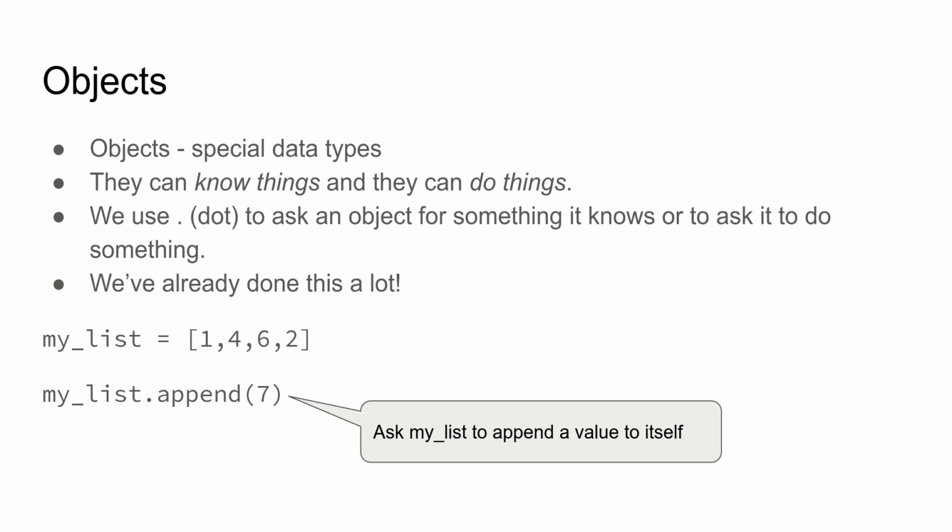So objects are a special data type. They can know things and they can do things. For instance, numbers are usually not considered objects because they only really know what they are. We don't typically call functions from numbers like 1.is_even or something like that.